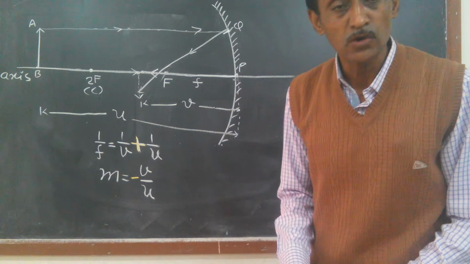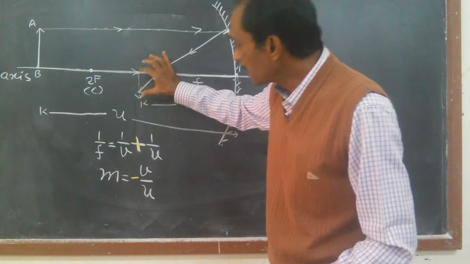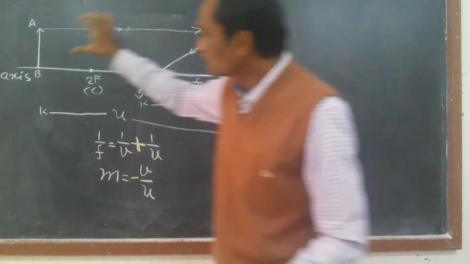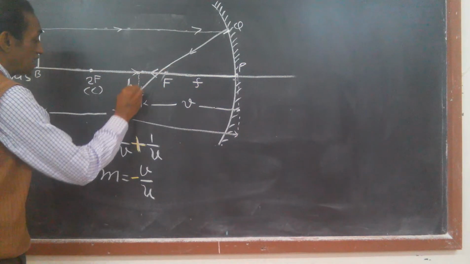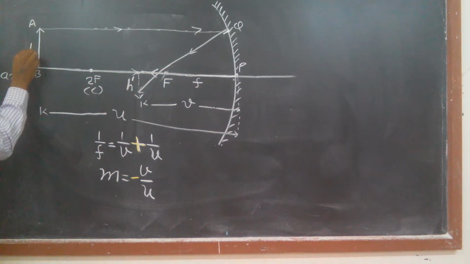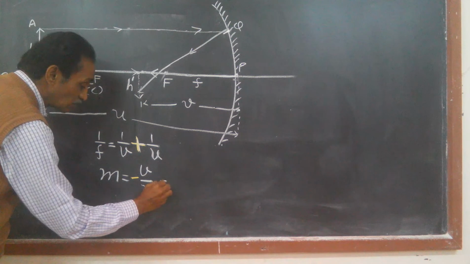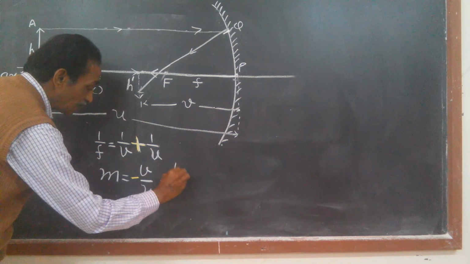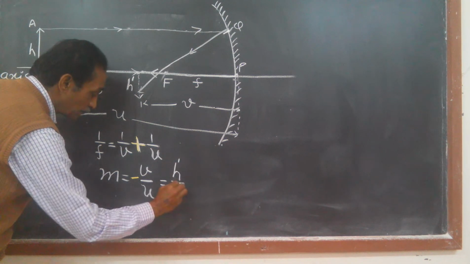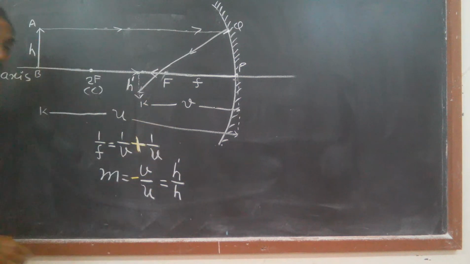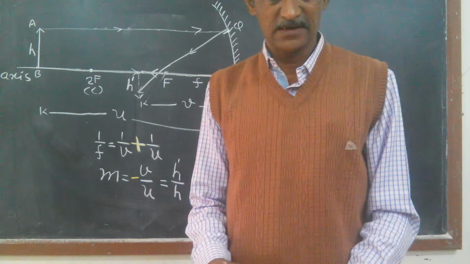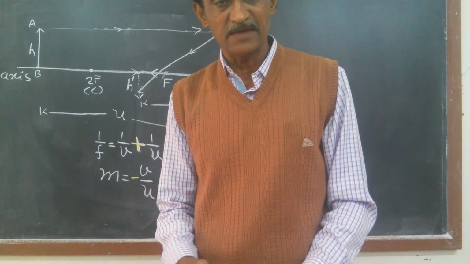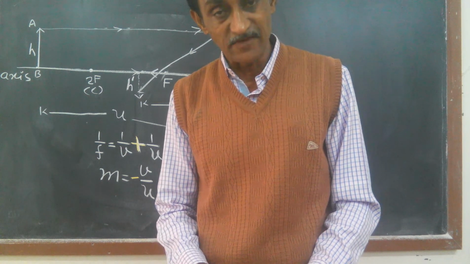Magnification is also the ratio of height of image to that of object. If I call height of image h dash and height of object h, then magnification is also given by the formula h dash upon h. If image is small in size compared to object, then magnification is less than 1.